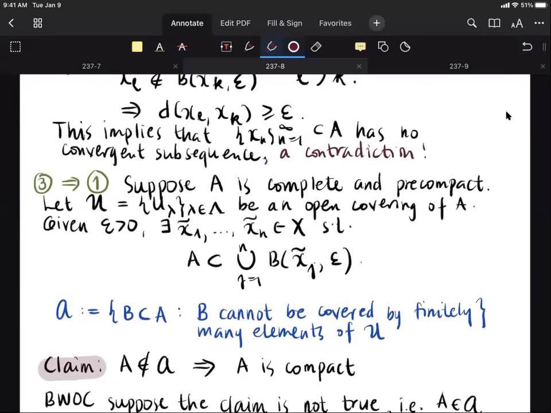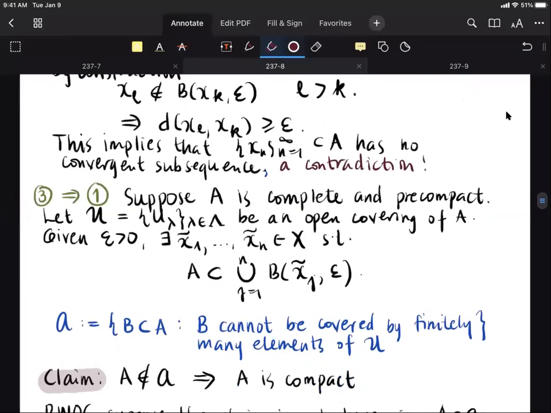And since this is an arbitrary covering of A, this is valid for any covering, therefore A is compact. And this establishes the implication that 3 implies 1. In other words, completeness and pre-compactness imply compactness.